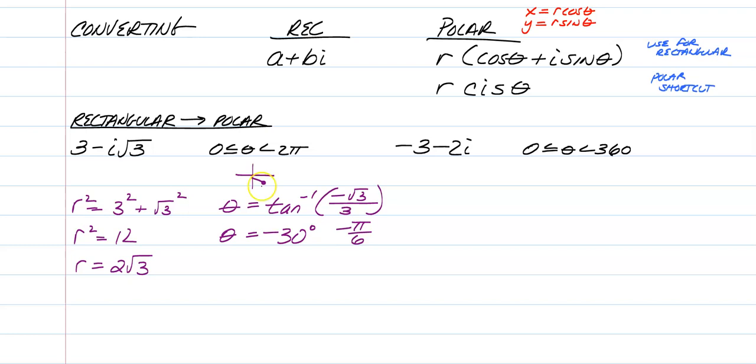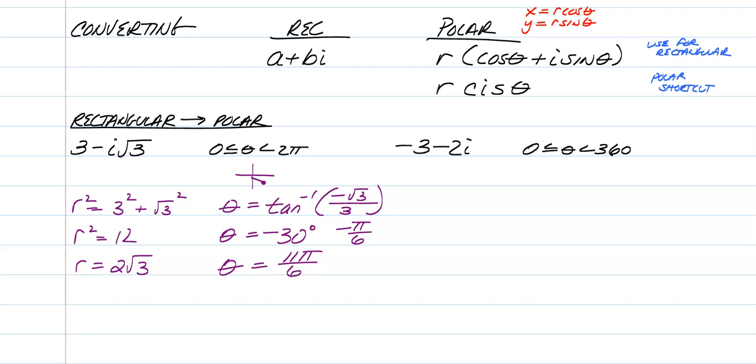Now, you have to remember we are down here in quadrant 4. So negative 30 degrees in quadrant 4 means our final answer is 330, but since we're in radians, it is 11 pi over 6. So to write our final answer, since we're going into polar, we can use the shortcut.